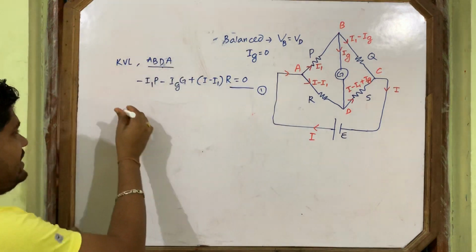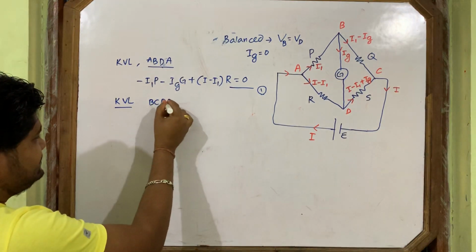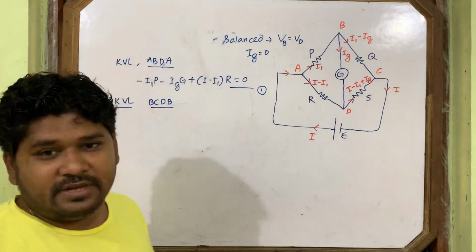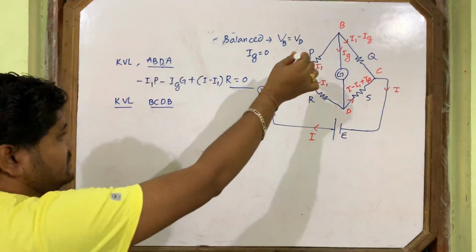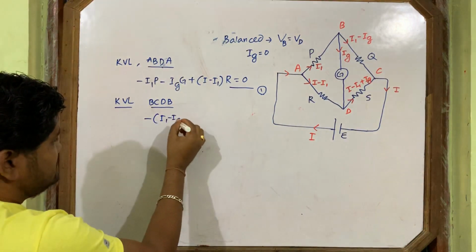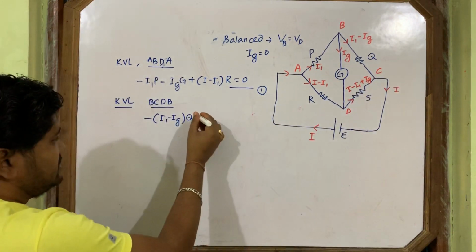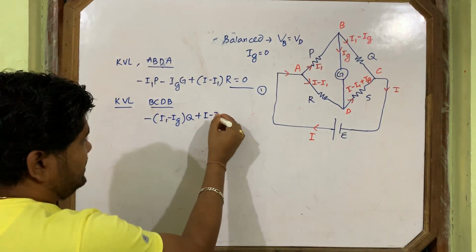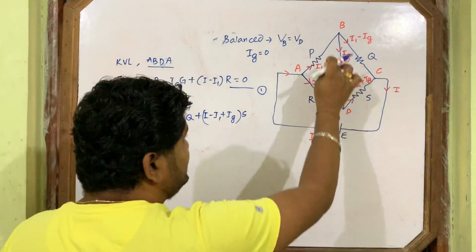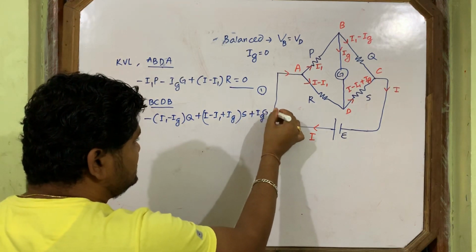Now apply KVL in the loop B, C, D, B. So B to C you are coming along, so minus (I1 minus Ig) into Q. Then you are going C to D opposite, which means plus (I minus I1 plus Ig) into S. Then D to B, you are going opposite, so plus Ig G is equal to 0.